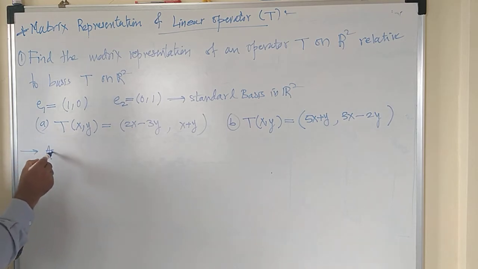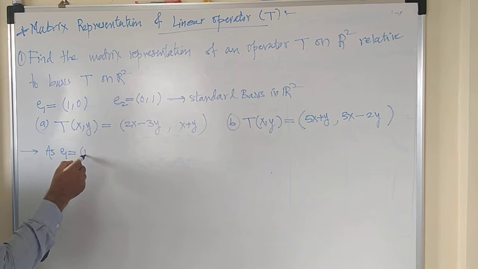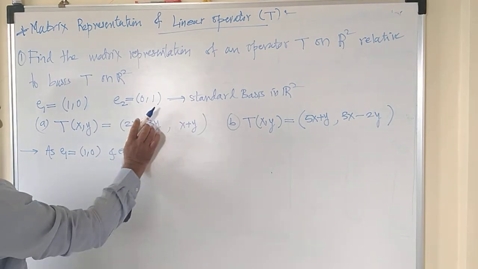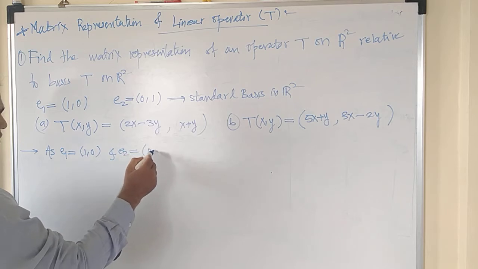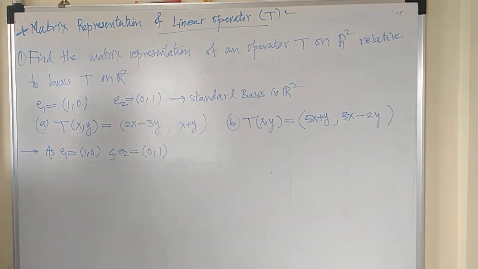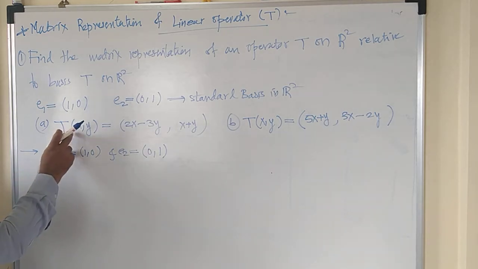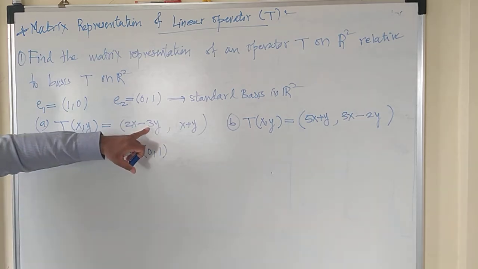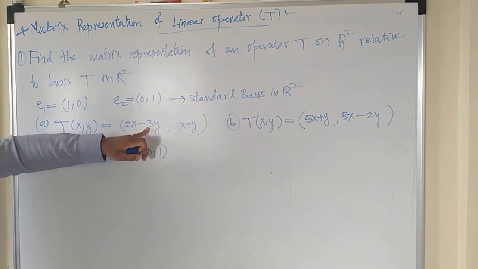The basis vectors E1 and E2 are known to you, or will be given to you. E1 and E2 are (1, 0) and (0, 1), and the linear operator is (2x minus 3y, x plus y).